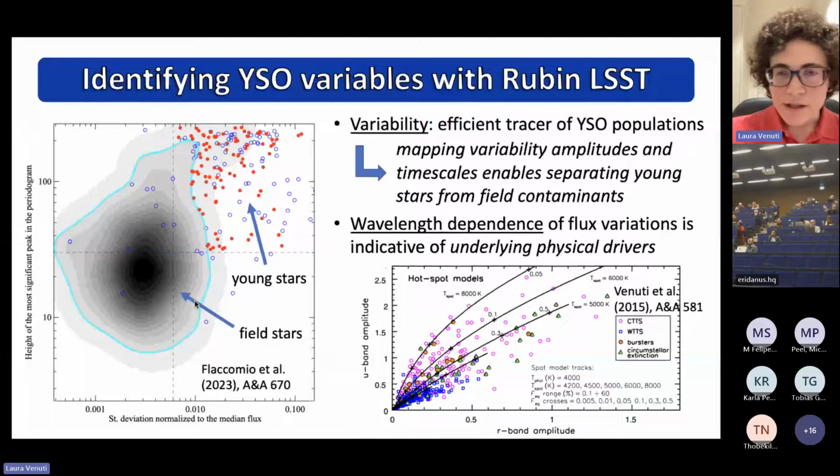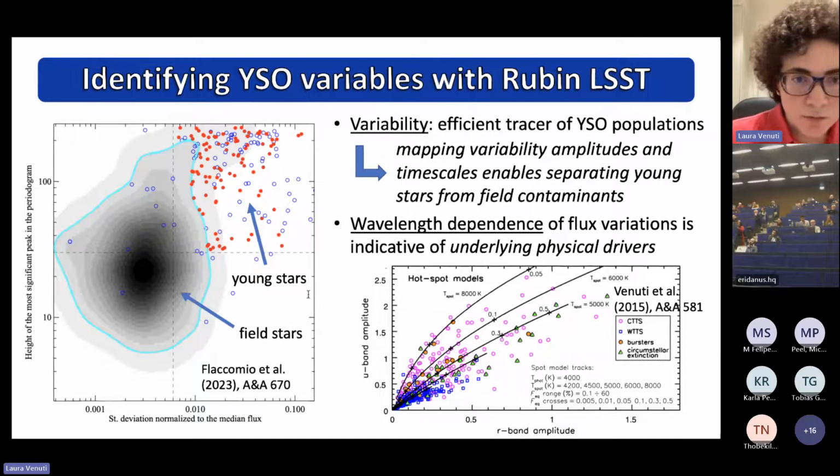And the other key element that LSST will provide is a uniform description of the variability behaviors for these young stellar populations that will be identified. And this is important because it will provide us with a tool to validate the populations that we detect and to distinguish the bulk of young stellar objects from field contaminants.